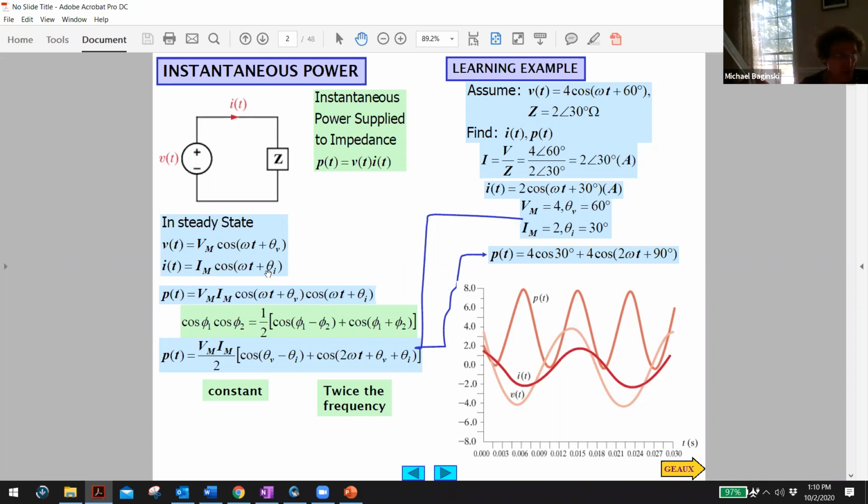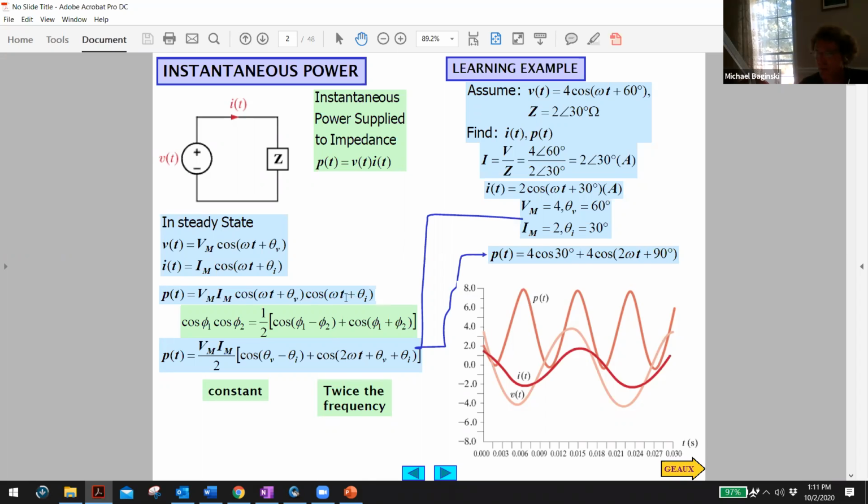Now, if you look at this, just listen now. If this is the voltage, this is the current, and again, the angles are undefined, the magnitudes are undefined. So we can adapt this for anything. Then the instantaneous power is this. Do you all see that? You'll notice what we have here are two cosine waveforms that vary at the same rate.